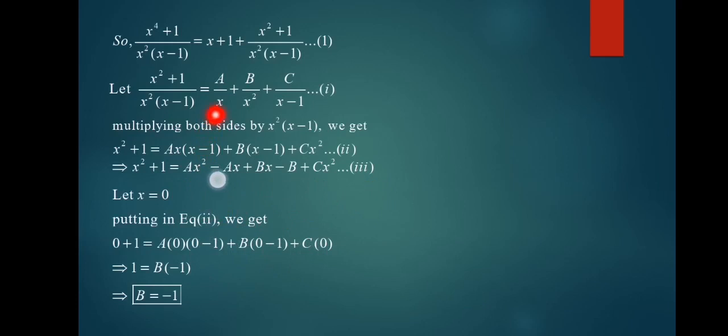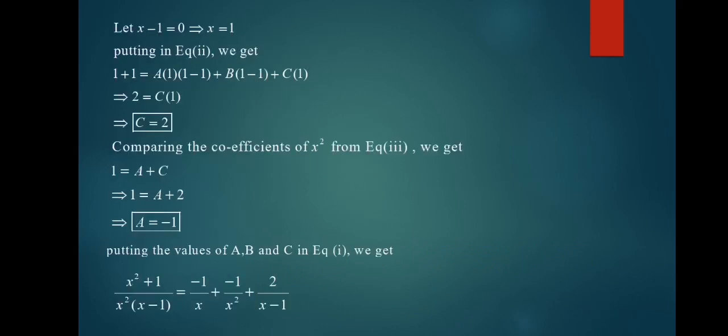Since we have x as the first factor in the denominator, we will apply the zero method over it to get x = 0. Putting x = 0 in equation number 2, we get 0 + 1 = A(0)(0 - 1) + B(0 - 1) + C(0) to get B = -1. So the value of B is -1.